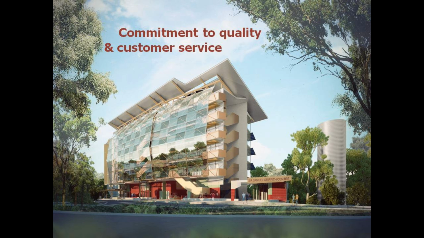The image I've shown here is the Sir Samuel Griffith building at Griffith University. It's a 6-star building, and what makes it unique is the photovoltaic cells and the hydrogen fuel cells, which will be the first of their type in Australia.